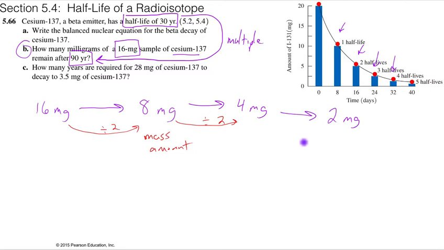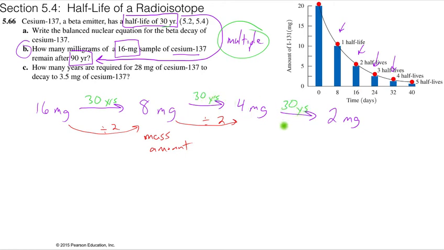Now, the reason why I stopped here is because that's going to give me my answer. Remember, I said that the amount of time that's going to be used in these problems is going to be some multiple of the half-life. Well, how much time does it take for this first half-life to occur? That's 30 years. How much time does it take for this half-life to occur? 30 years.